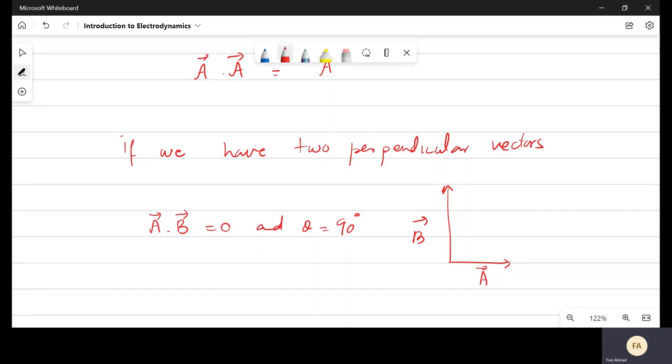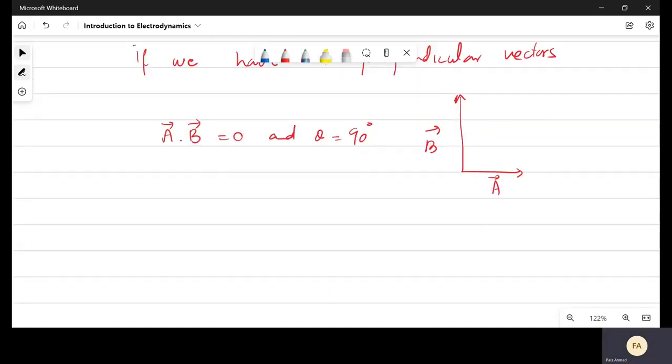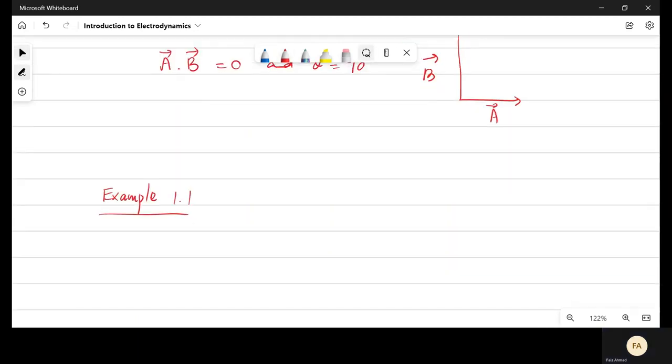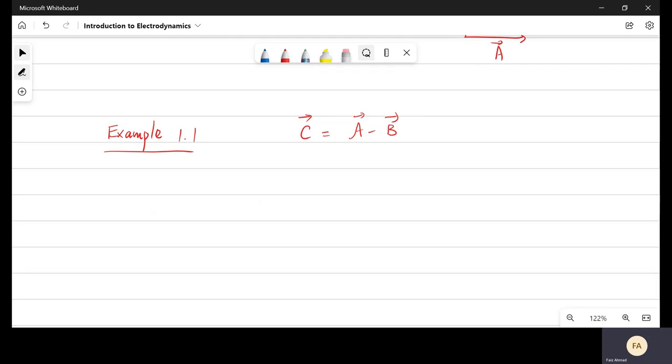So here is an example. Example 1.1 in Griffiths book. So we are given C is equal to A minus B, and we are asked to find the self dot product.